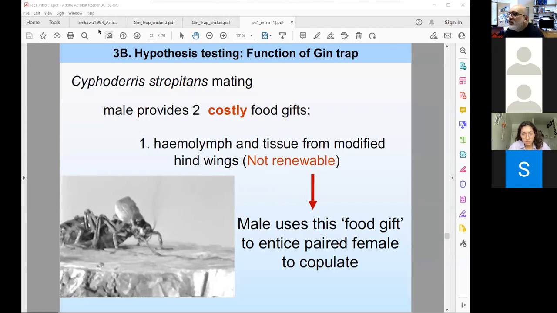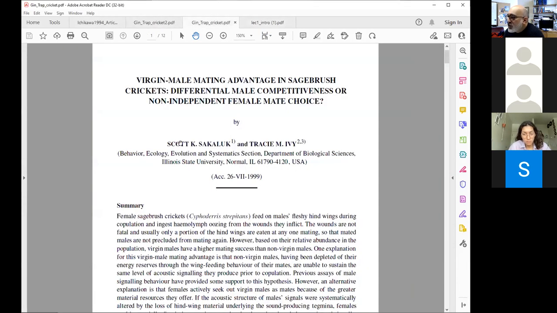There's a paper here that shows you that virgin males have an advantage because virgin males have these intact wings. So females prefer to mate with virgin males because there's more food for the female while she's mating. I mean, why wouldn't you?